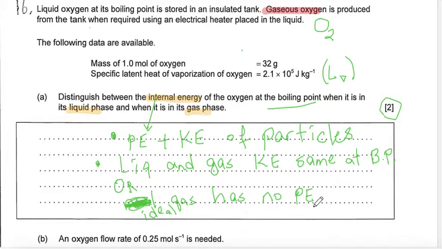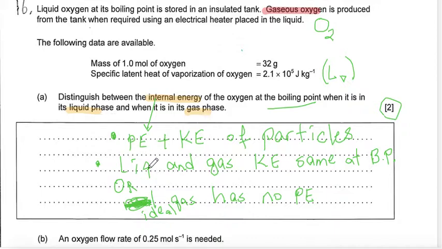If it's a real gas, which they always are, it has potential energy stored, but it has more internal energy, definitely, than the liquid because it had to gain energy to become gas. So its internal energy has to be more, which means it would have more potential energy. But if it is an ideal gas, then all of that internal energy is kinetic.